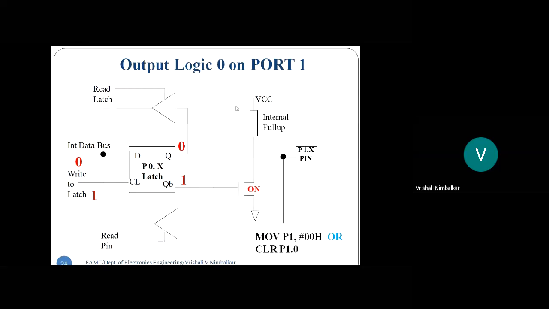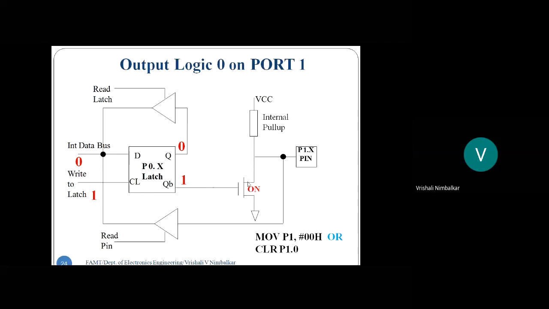Okay, and then what about the upper side? I told you all, the internal pull-up is nothing but a resistive load, a MOSFET which is behaving as a resistor. So assume this is a resistor.